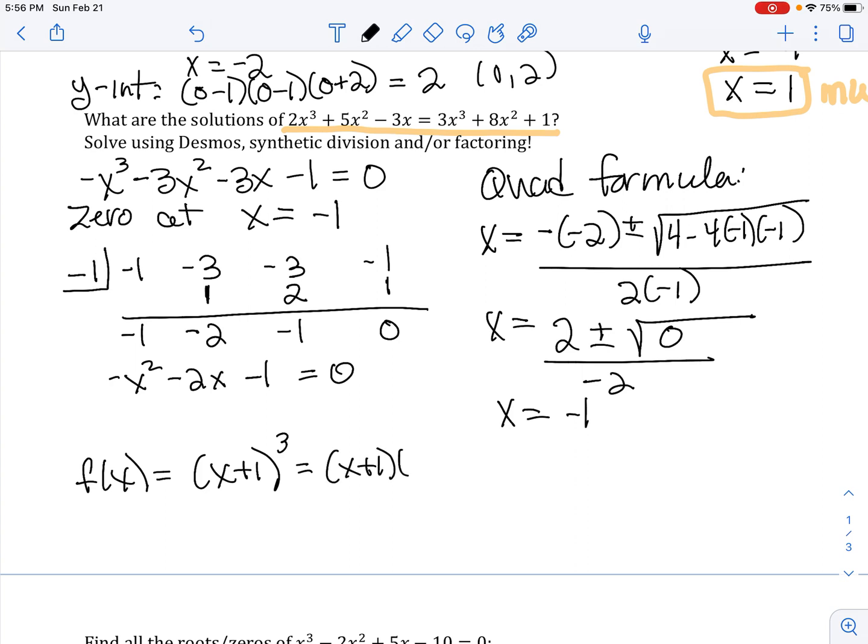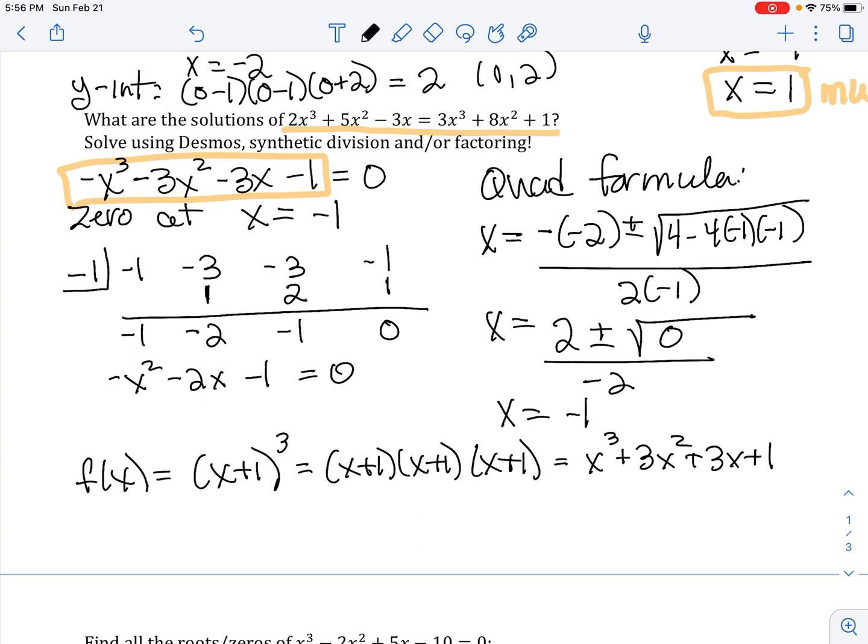If you multiply x plus 1 times x plus 1 times x plus 1, do you get this polynomial up here? And if I multiply through that by a -1, I'm going to get x cubed plus 3x squared plus 3x plus 1. Let's check it out.